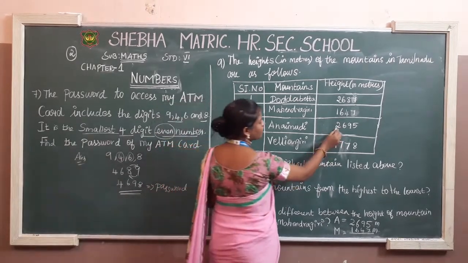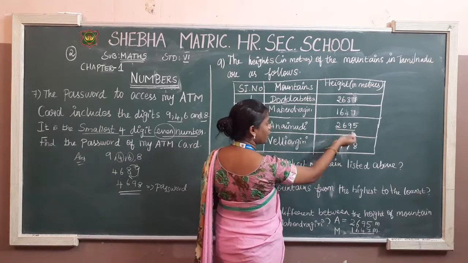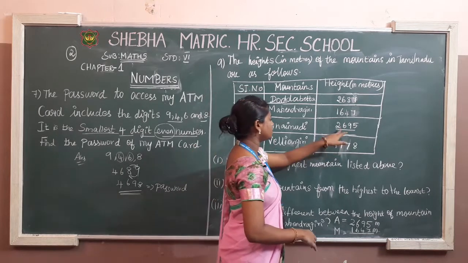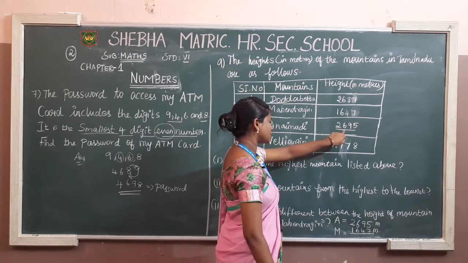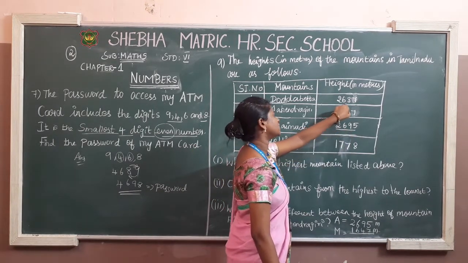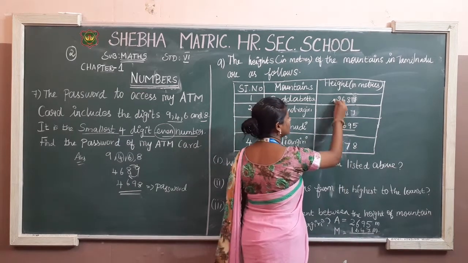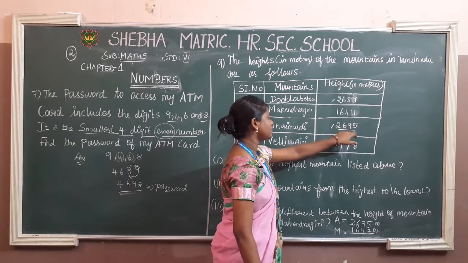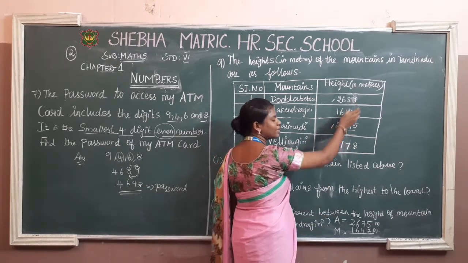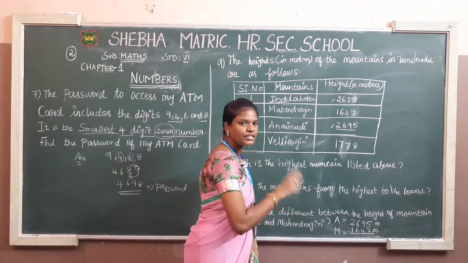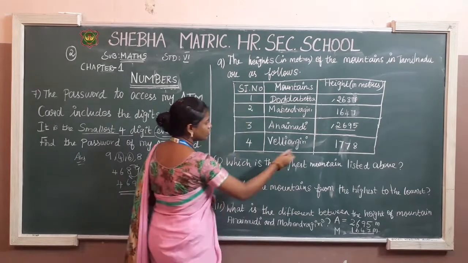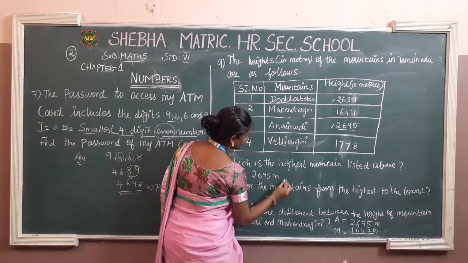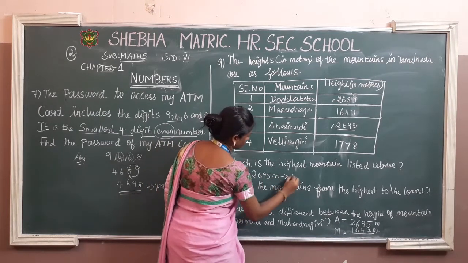So this is 2695 and this is 2637. These 2 numbers are larger, and 2637 is smaller, so we can write 2695 meters. So the answer is Aanemudi.